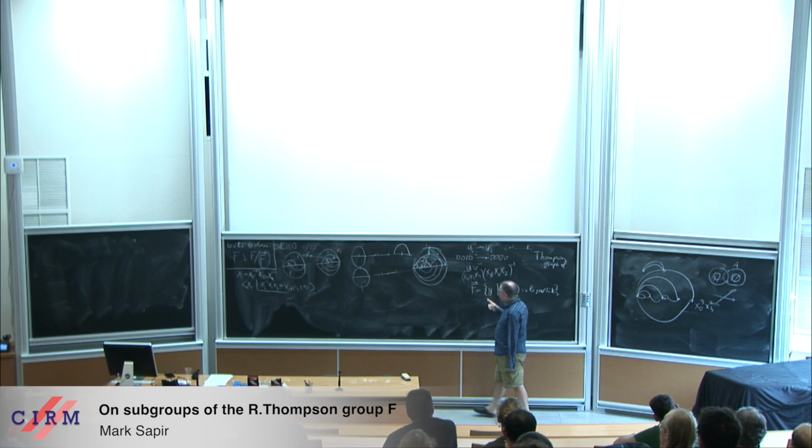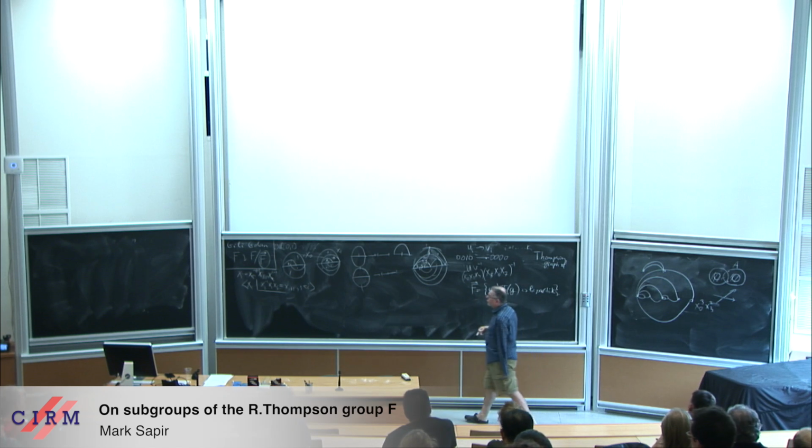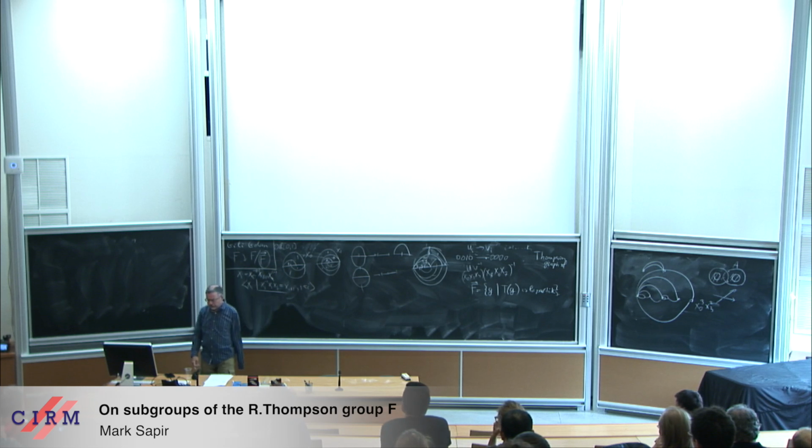Okay, so the question is what it is. I mean, the question was when Jones asked what it is. And another question is, okay, so we want to find out if this representation, the linearization of this representation is irreducible. Now, this is equivalent to asking whether this subgroup coincides with this commensurator.